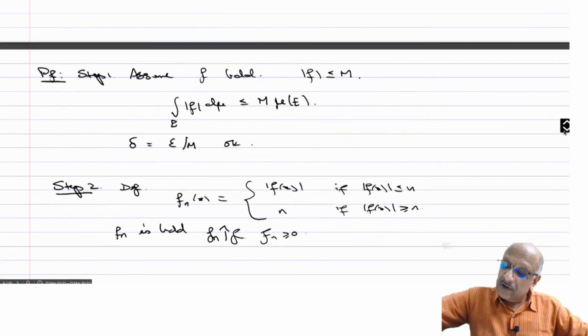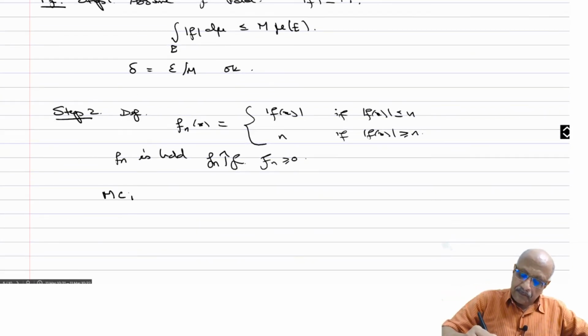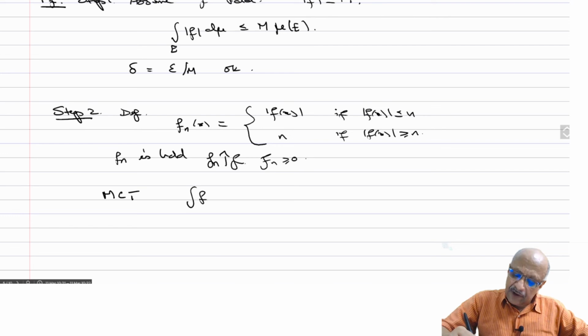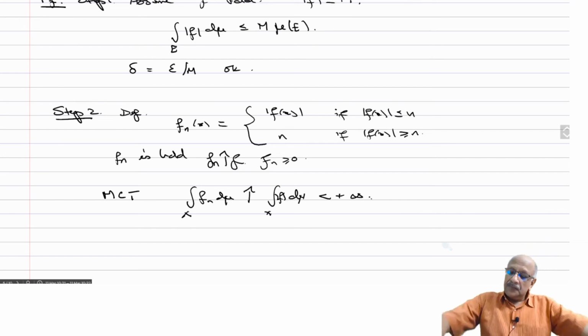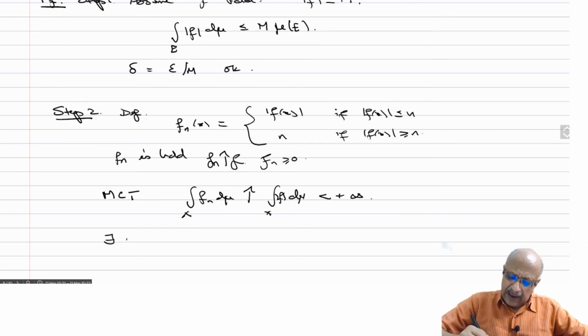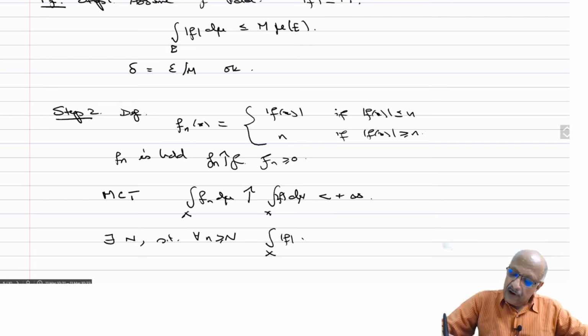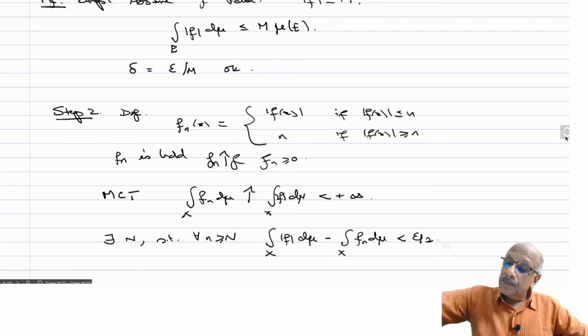So by the monotone convergence theorem, we have that the integral of f_n d mu increases to the integral over X of mod f d mu, and this, of course, being integrable, is finite. Therefore there exists a capital N such that for all n greater than or equal to capital N, the integral over X of mod f d mu minus the integral over X of f_n d mu can be made less than epsilon by 2.